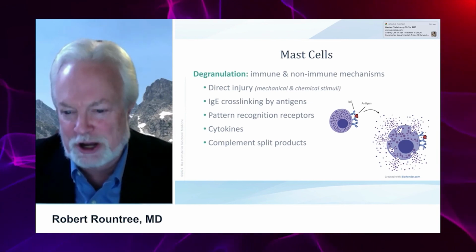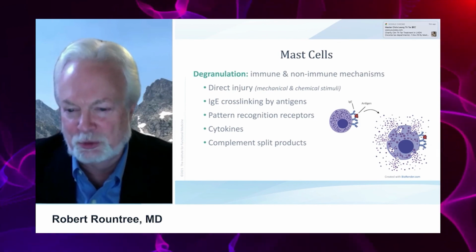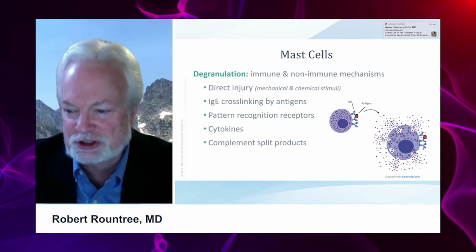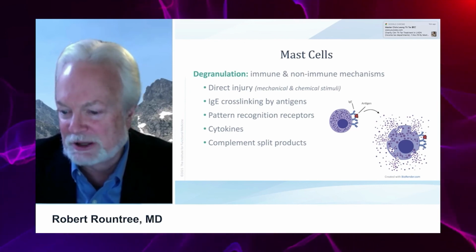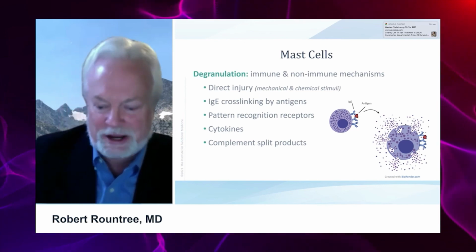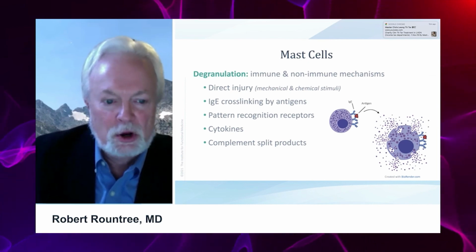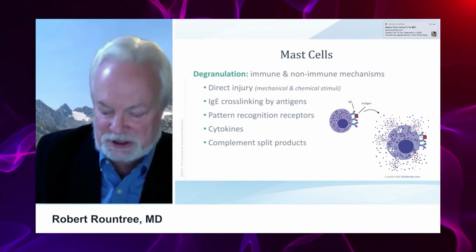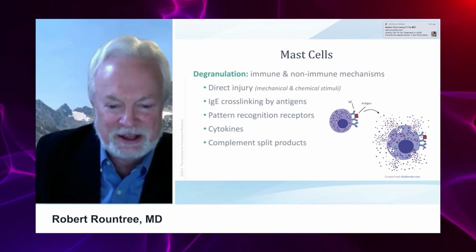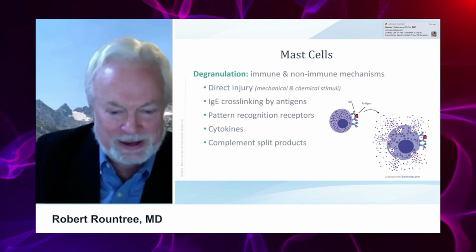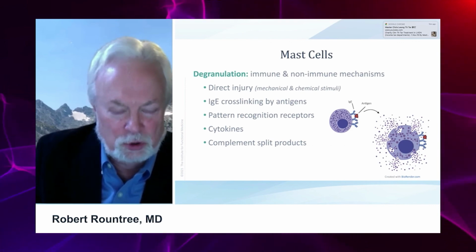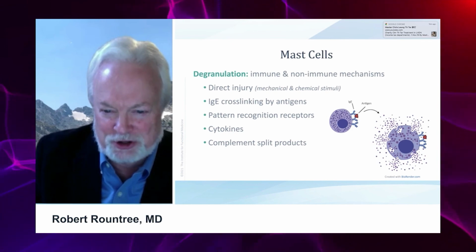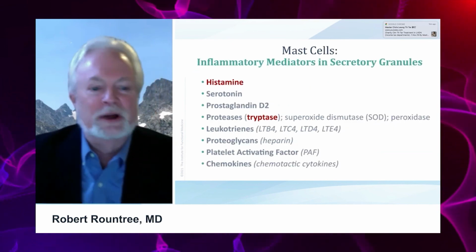The penicillin will cross-link the IgE, which are really cell surface receptors, and that induces the mast cell to degranulate, which is what you see in the bottom right-hand corner. We also know that cytokines can activate mast cells, or complement split products can activate mast cells. Simply by getting a cut, we'll release complement split products, which will then bind to cell surface receptors on the mast cell and tell them to degranulate.